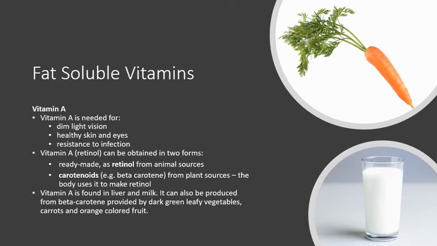So vitamin A is an important fat-soluble vitamin, and in high levels, so more than 1,500 micrograms per day, it can actually be toxic and may cause bone damage, but it is needed for dim light vision, healthy skin and eyes, and resistance to infection. Vitamin A can be obtained in two forms.